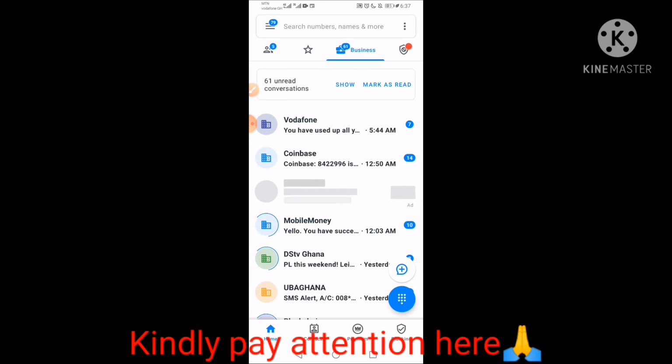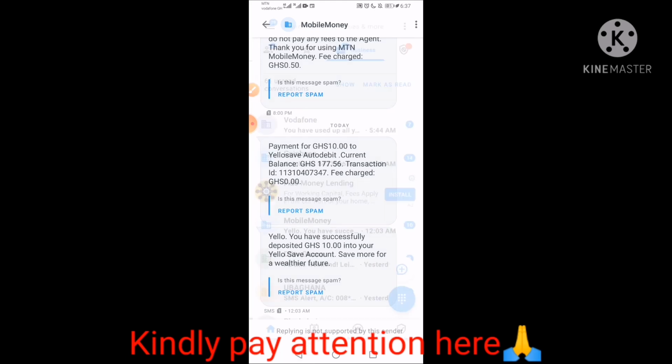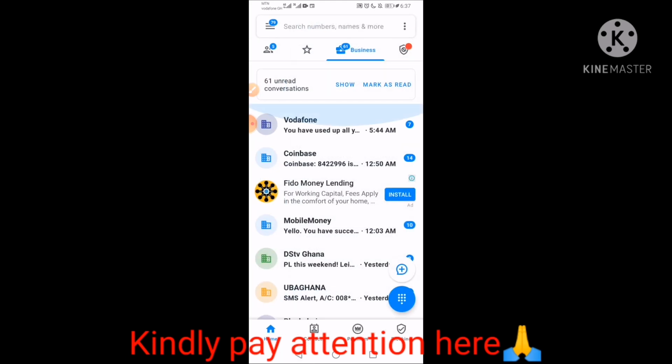Let's check at my message section to see whether I have received the payment. Okay, so I'm here to receive the payment. As you can see, my last mobile money message was for deposit. So I'm yet to receive the payment from the buyer.